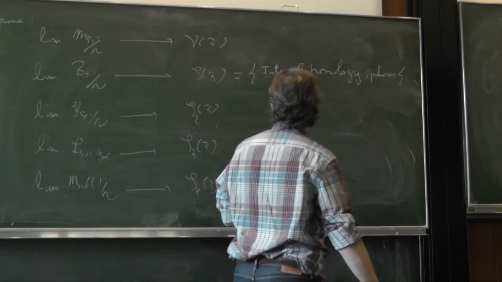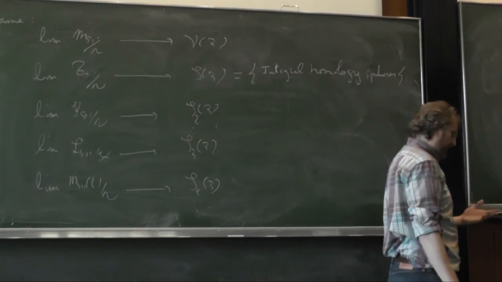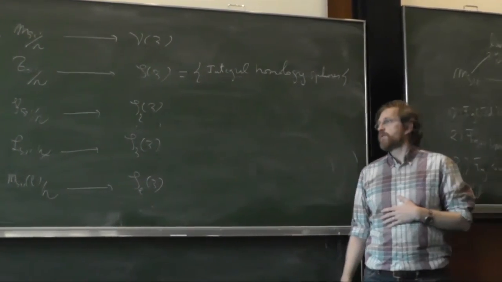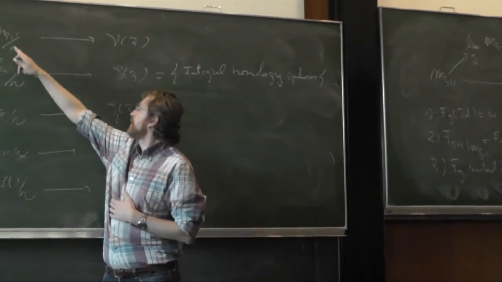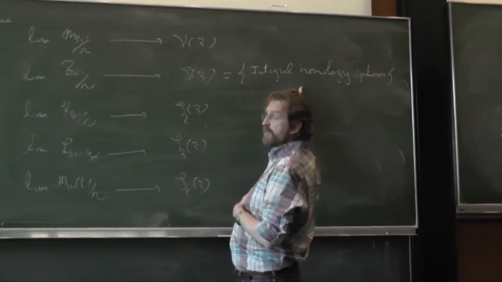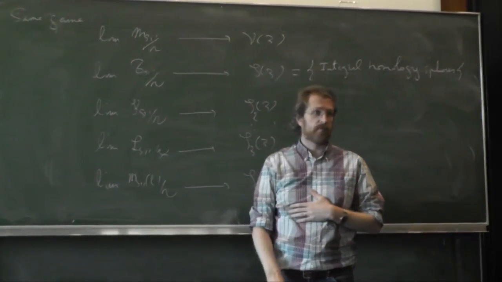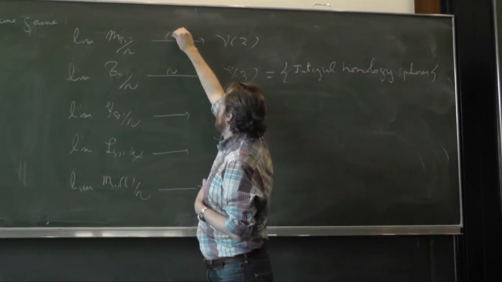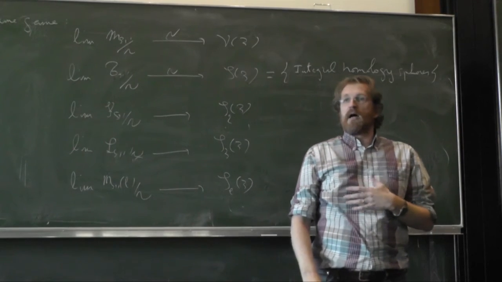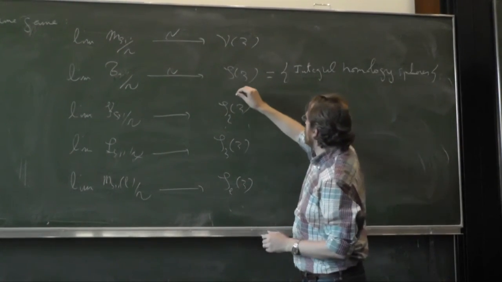Okay? And it is an exercise in the symplectic group to show that if you start with a mapping class that builds an integral homology sphere, then it is equivalent to someone in the Torelli group. And therefore this is a bijection, and this is a bijection. And for the moment, I just have here inclusions.